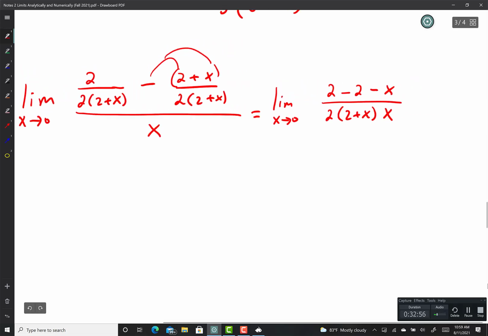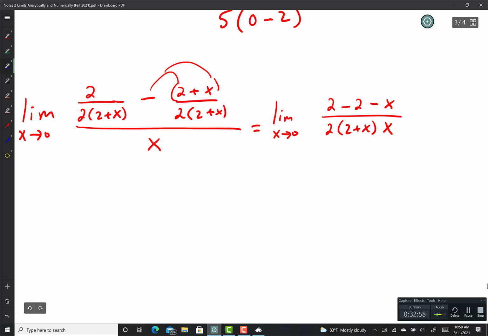It's like doing this, guys. A divided by b over c. That c is like saying c over 1. Keep, change, flip. A over b times 1 over c, and you get a over bc. So notice that the c is right next to it. So that x down there, I can just bring it up right there like that. Cool? Okay, here we go.